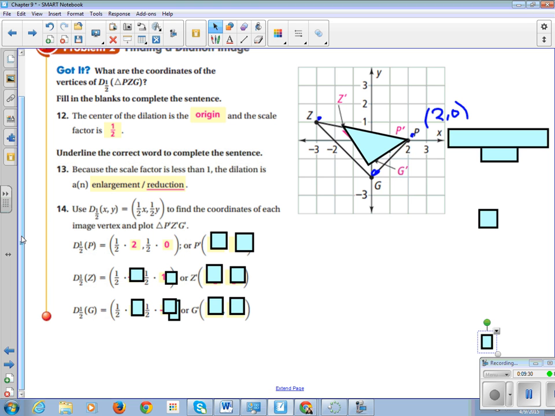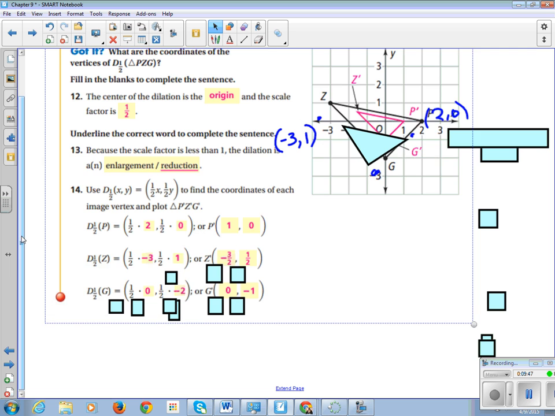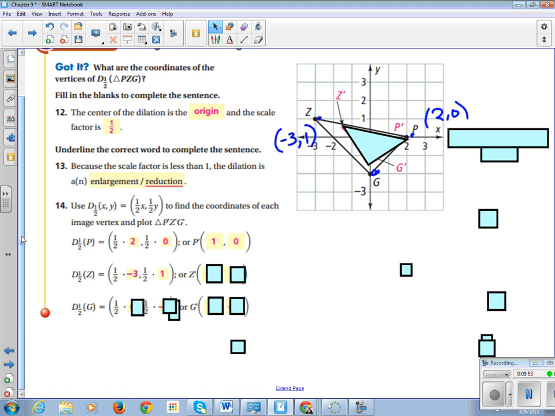So 1/2 of 2 is 1, and 1/2 of 0 is 0. Z is at -3, 1. Half of -3 is -1.5.